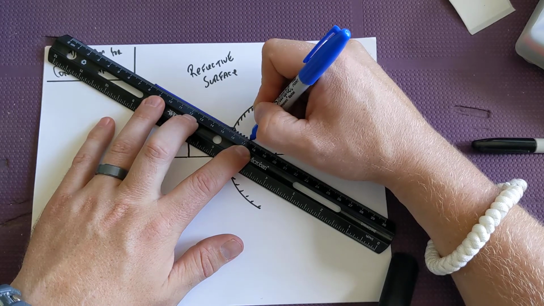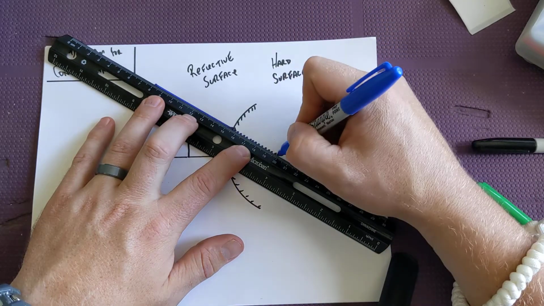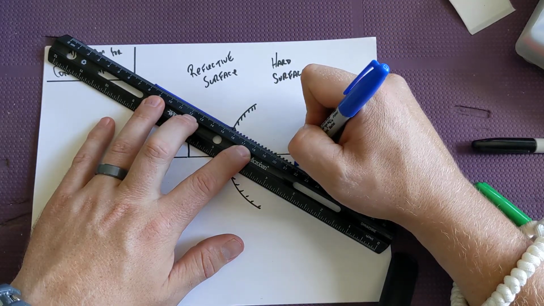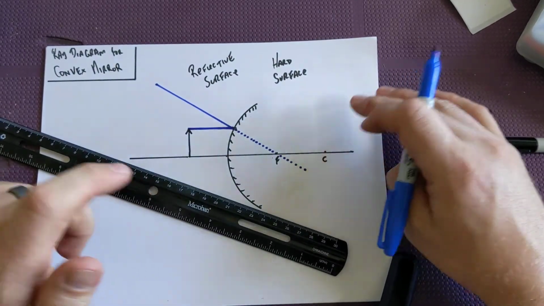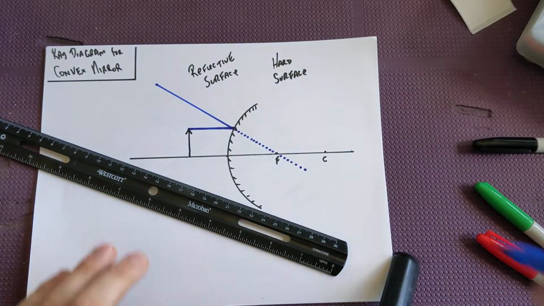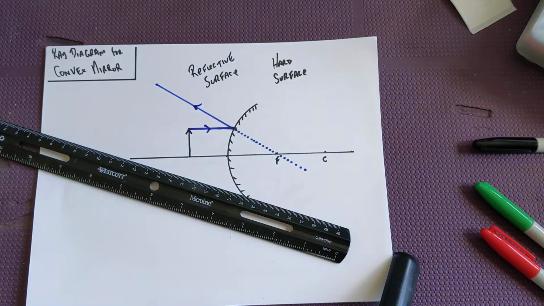But for our intents and purposes, again, I'm going to draw the pretend reflective rays. So it bounces off this way and then off the mirror.